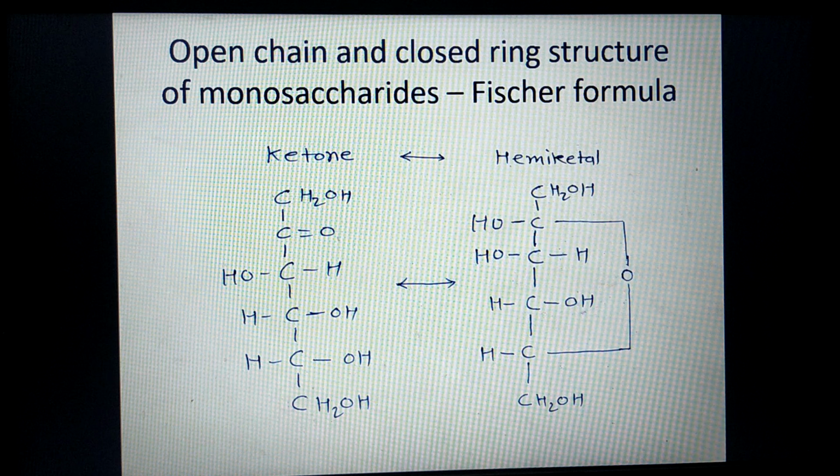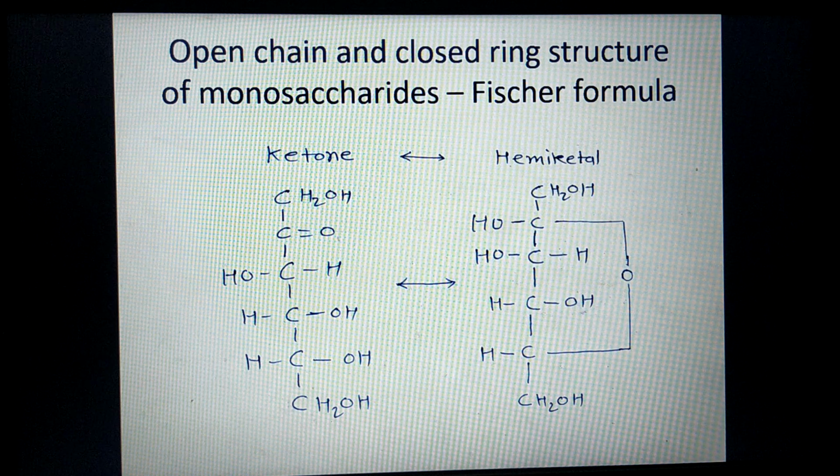Here the reference carbon is the fifth carbon in case of hexoses, to form a closed ring joined by an oxygen atom. So this ring includes 4 carbon and 1 oxygen. So it is also a heterocyclic ring, but with 4 carbon. In case of aldoses, there are 5 carbons and 1 oxygen atom.